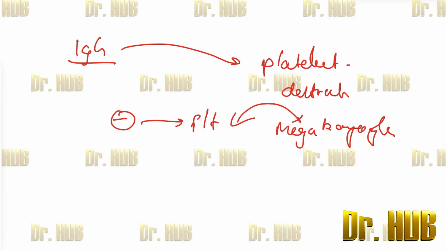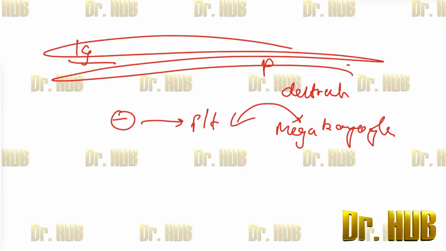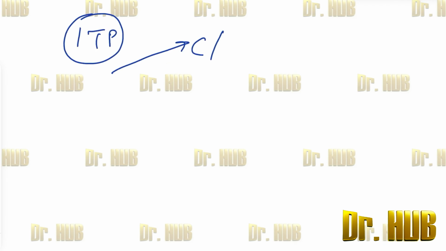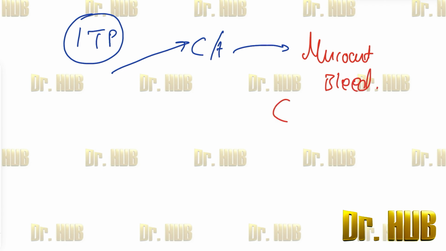Now let's move on to the clinical features. What do we see? The clinical features of ITP are mucocutaneous bleeding, and this is with a low platelet count, less than 20,000.